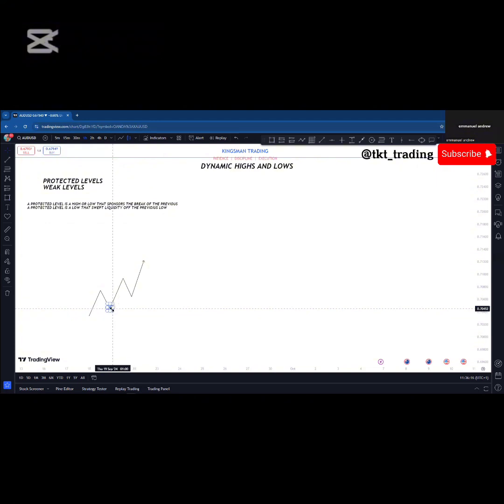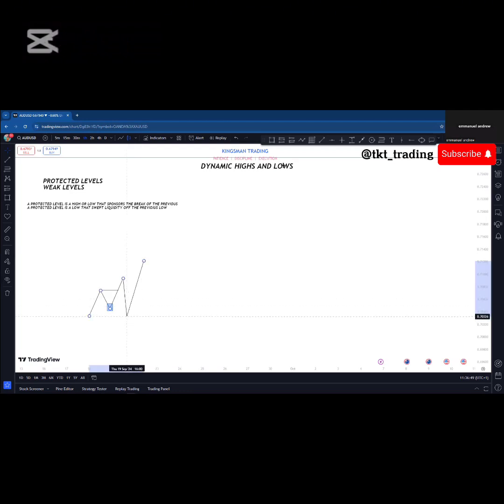Because it was the low that sponsors the break of this previous high. You understand? And after you've seen this breakout, we expect price to come in between this high and this low to get that retracement, look for a point of interest, buy, and continue the trend, because we don't expect price to go beyond this level.